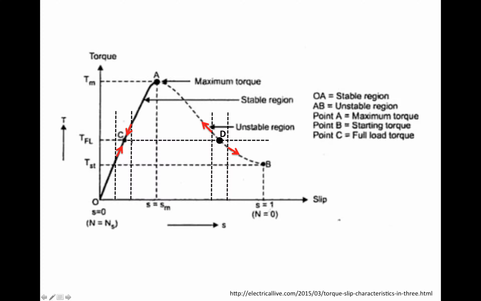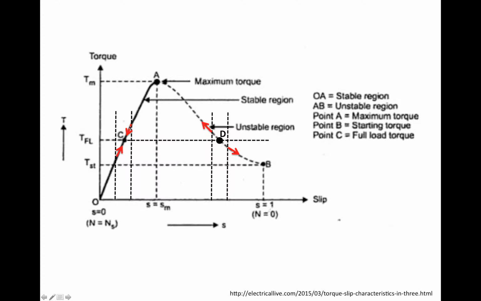Slip increase means the rotor speed has decreased. So slip and rotor speed go in opposite directions. If you increase the slip by just a little bit, the rotor speed decreases a little bit, and the torque goes up a little bit.